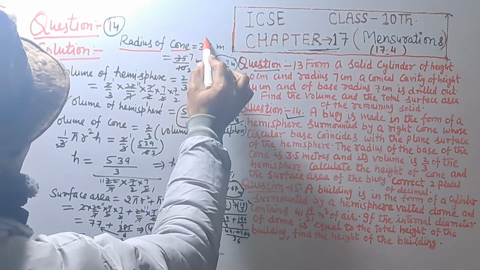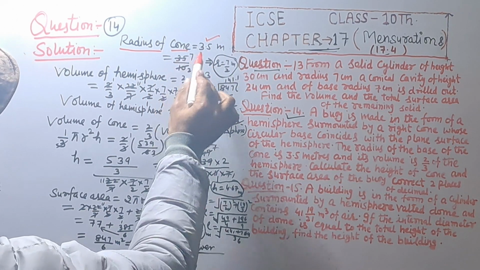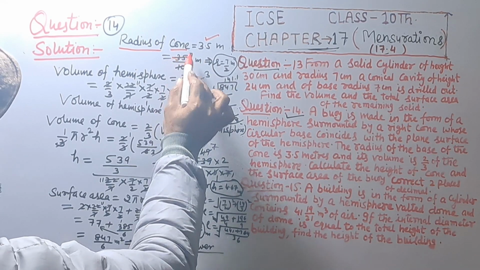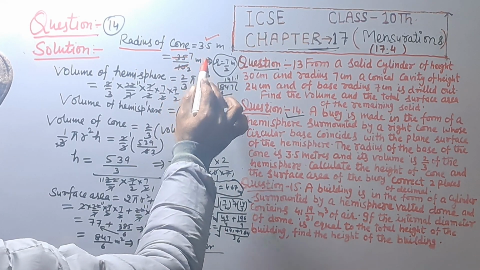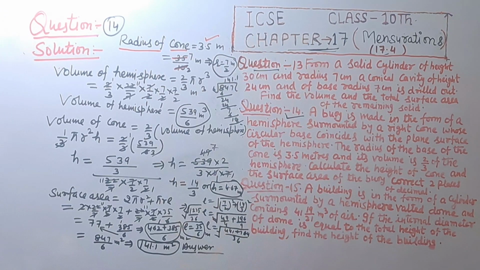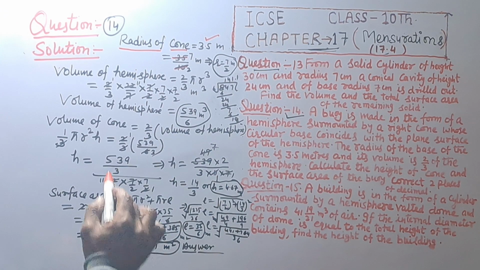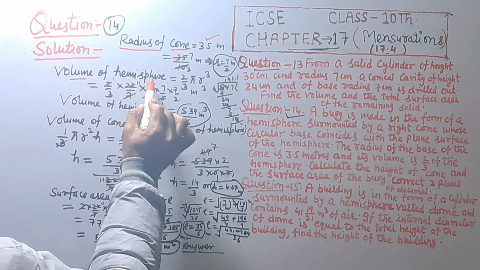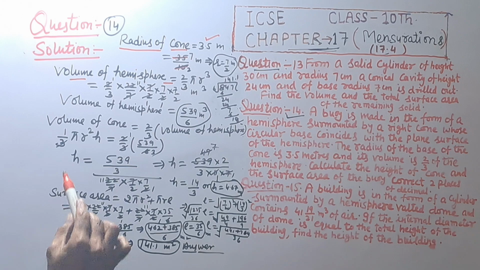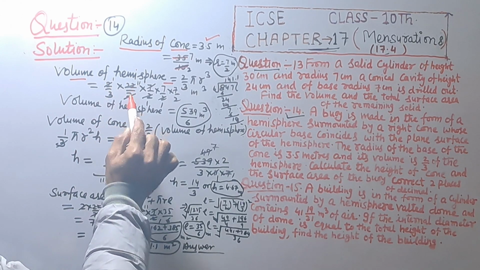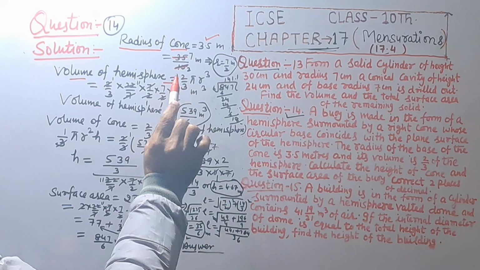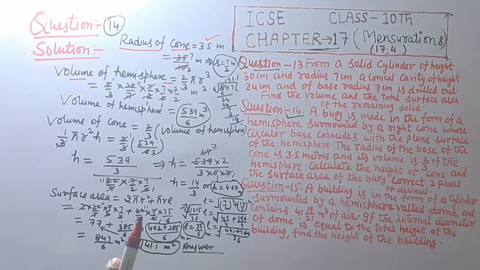Given radius of cone is 3.5 meter, and we can write 3.5 is 35 upon 10, and 7 5s are 35 and 5 2s are 10. That is, radius is equal to 7 upon 2 meter. And volume of hemisphere equal to 2 upon 3 pi r cube. 2 upon 3 pi is 22 upon 7, and radius is 7 upon 2 into 7 upon 2 into 7 upon 2 meter cube.